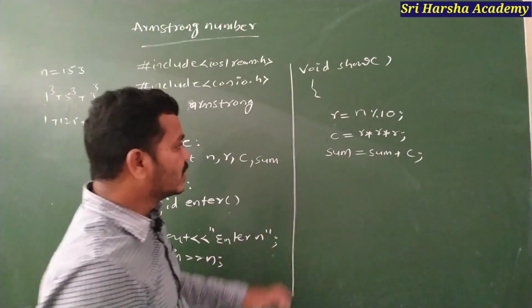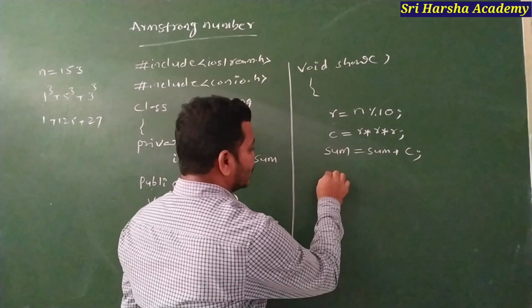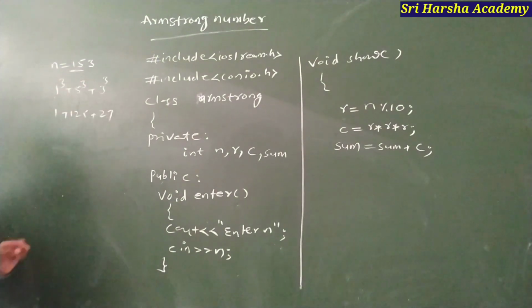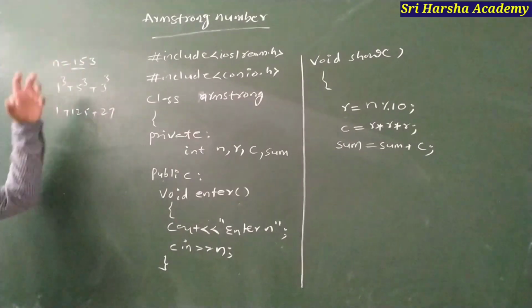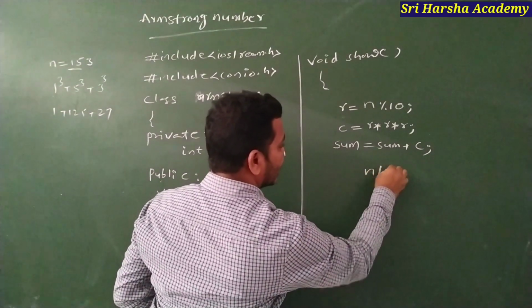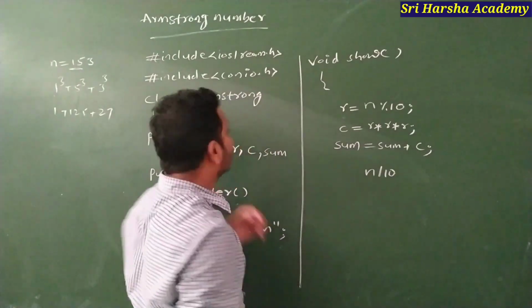Then the number is 15 only, no need to keep the 3. So we apply the division operator, n divided by 10, and then we get the value 15.